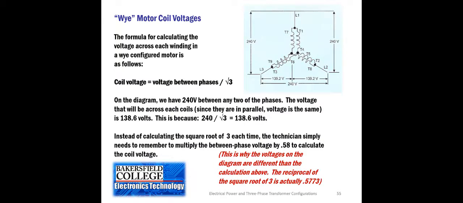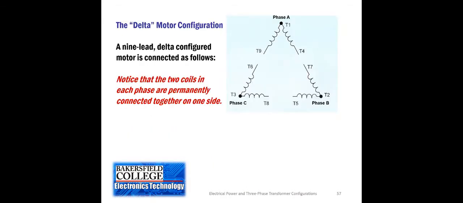Then you can make it either lower or higher voltage. Now the delta, notice that 2 of the coils are connected together to a terminal for each of the 3 phases. We can't take a motor like this and run it either Y or delta. We have to choose the one that it was wired at.